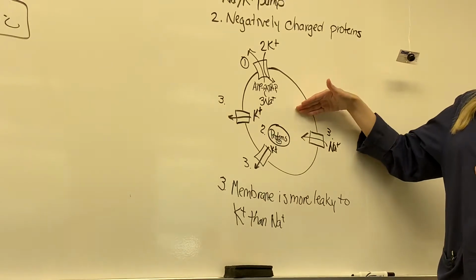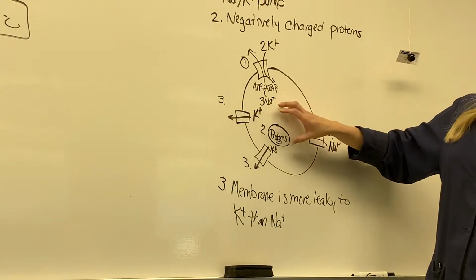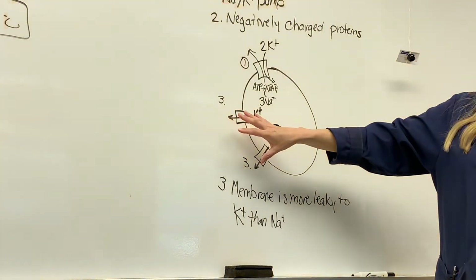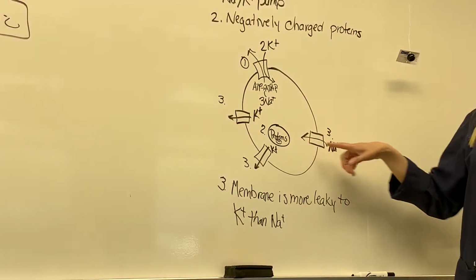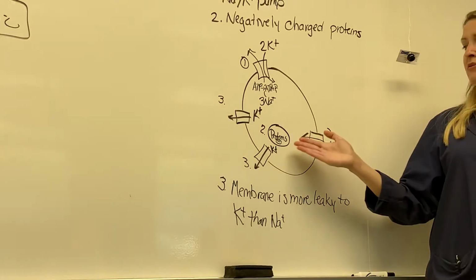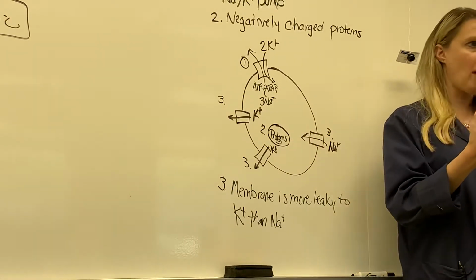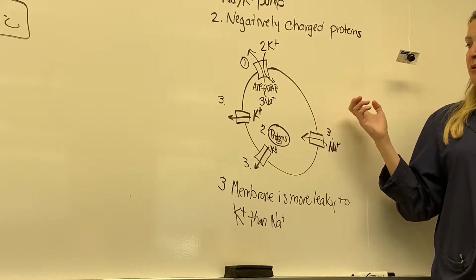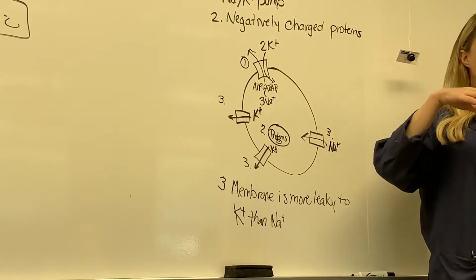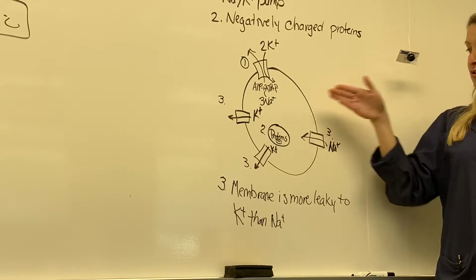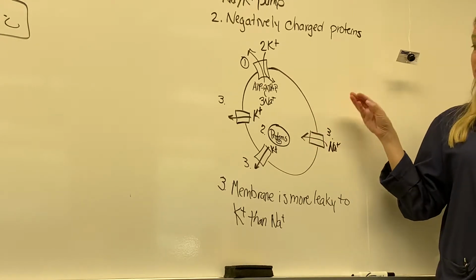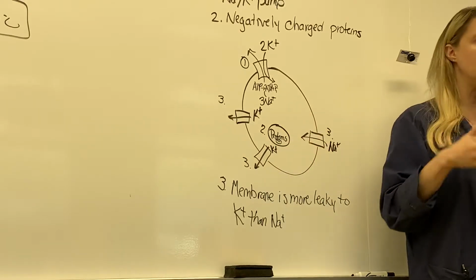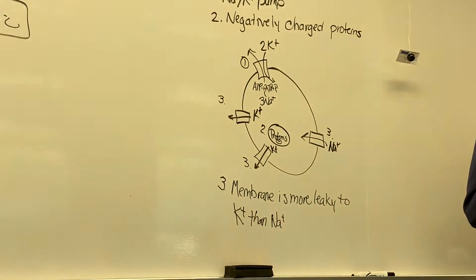So essentially we are losing more positive potassium charges than we're gaining sodium coming in. Negatively charged proteins help to draw that in. Because of that, our resting membrane potential isn't super positive, like if we were just having sodium come into the cell, or super negative, like if we were having potassium just leave the cell. It's going to be in the middle at about -70 millivolts.